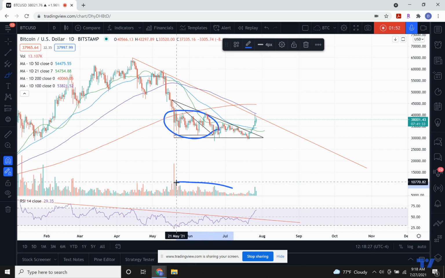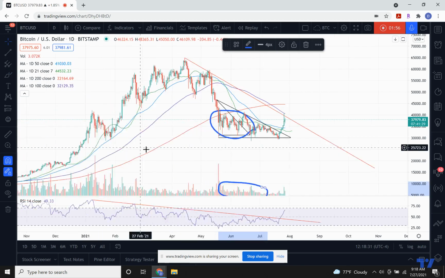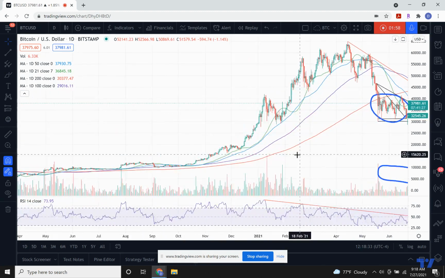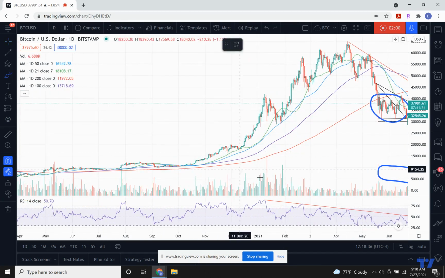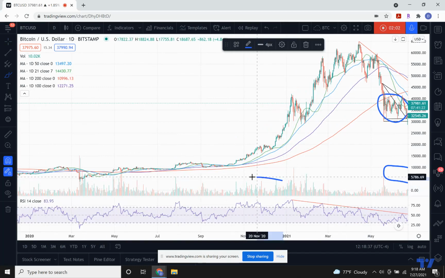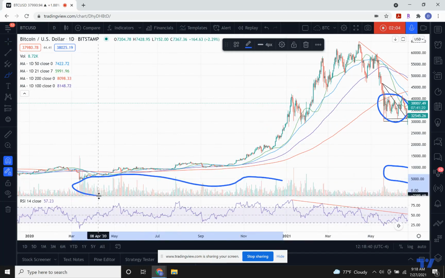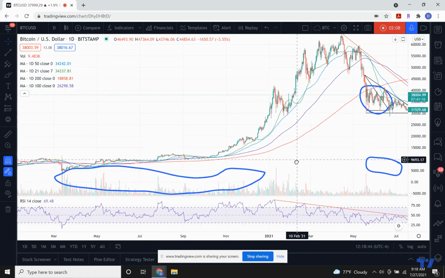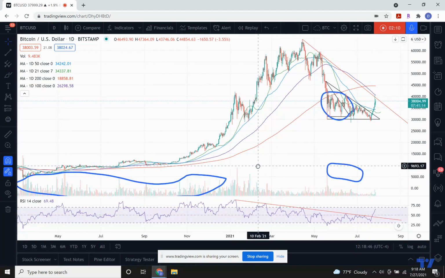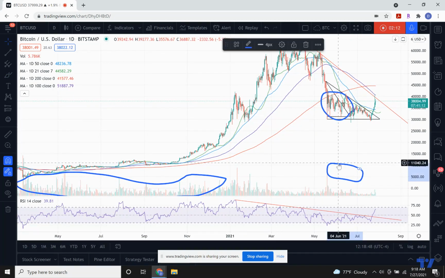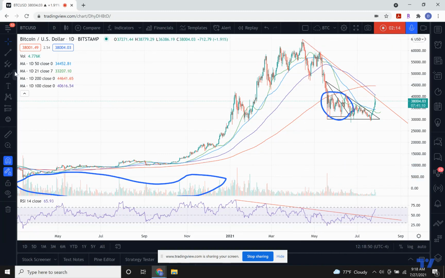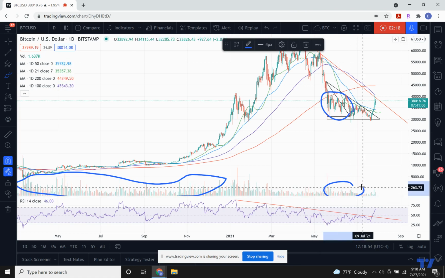I pointed out that volume was a little bit light. If you look at the accumulation volume compared to supposedly this new accumulation volume, it's very low.